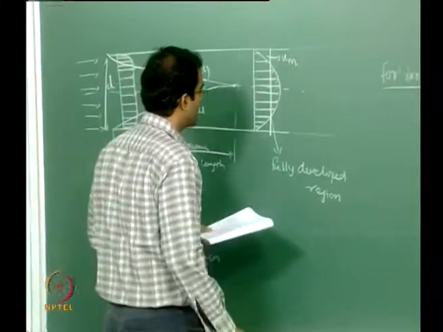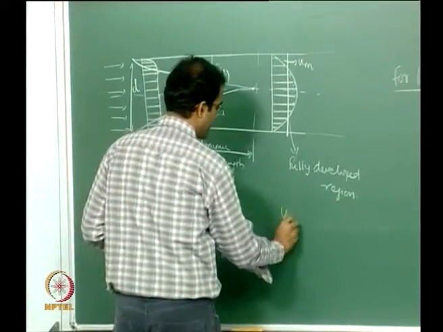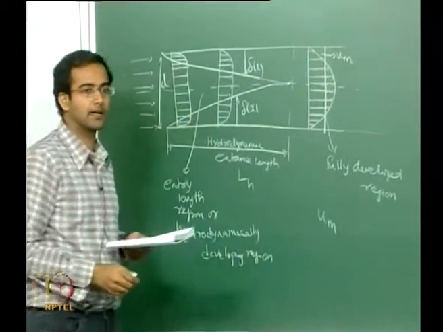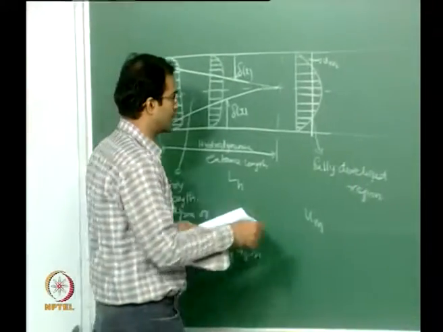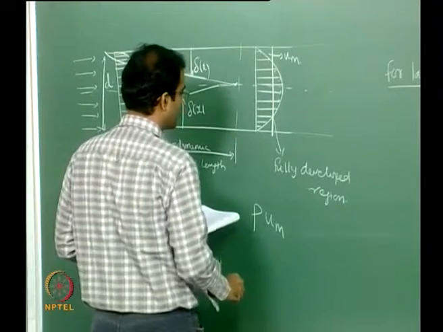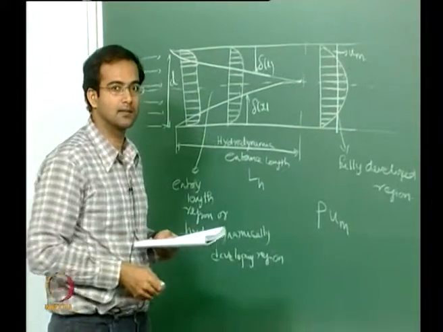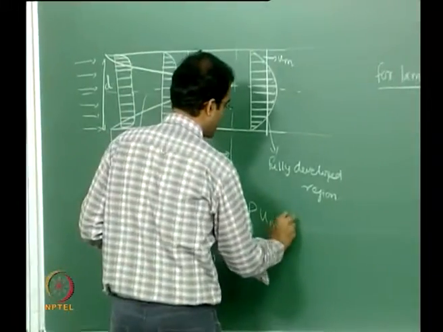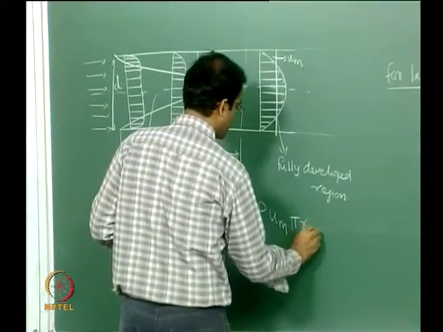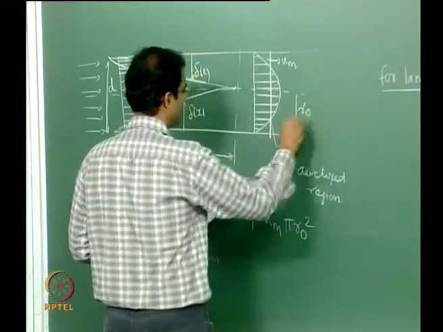So naturally, how do you have to define the mean velocity? Volume flow rate or the mass flow rate has to be constant. Okay, so therefore the mass flow rate is defined by, let us say, rho into u_m into the area. For a circular duct, the area is pi into r naught square, where r naught is the radius of the duct.